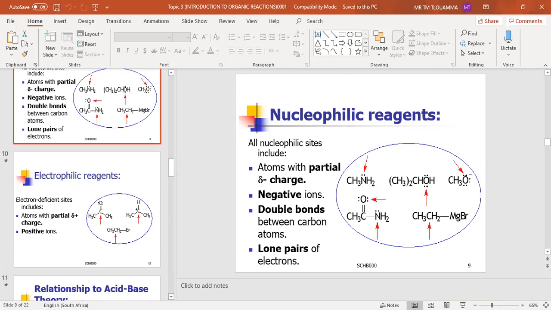When you are drawing your Lewis structure, right? Lone pairs of electrons, those lone pairs, we're also going to classify them under the nucleophilic reagents. So do you all understand?